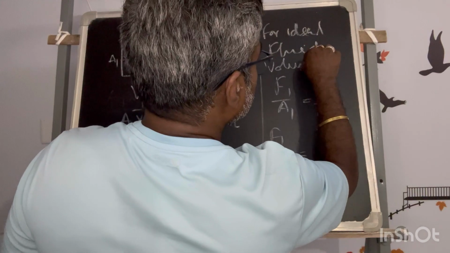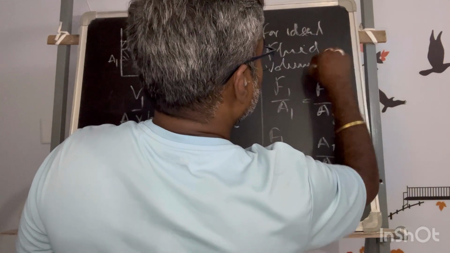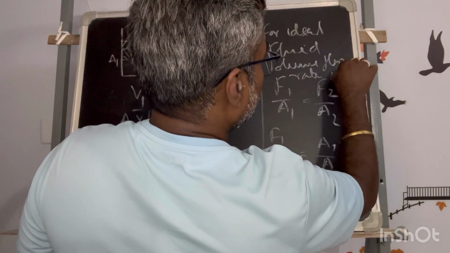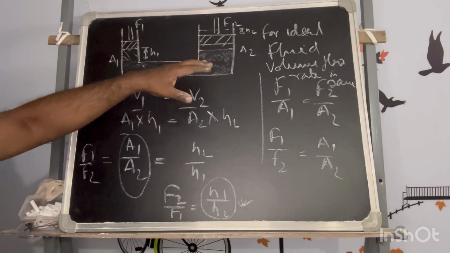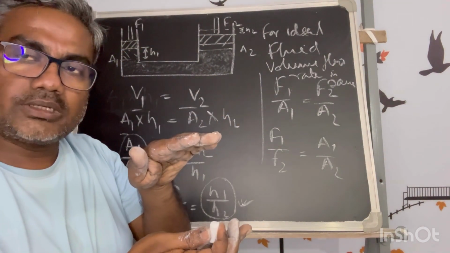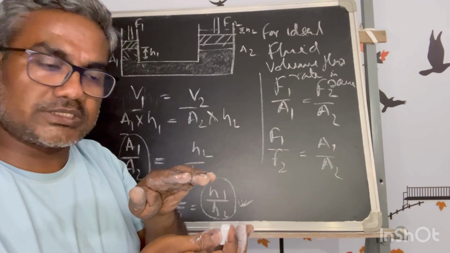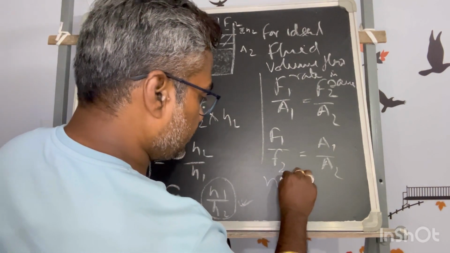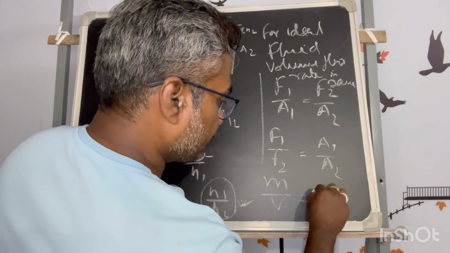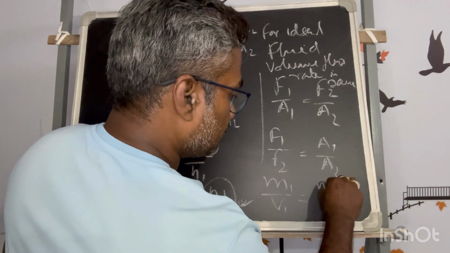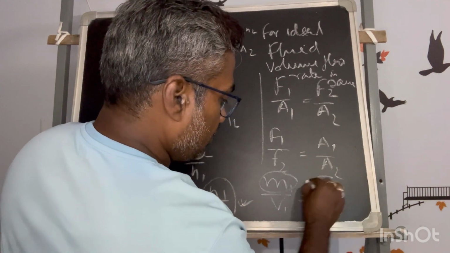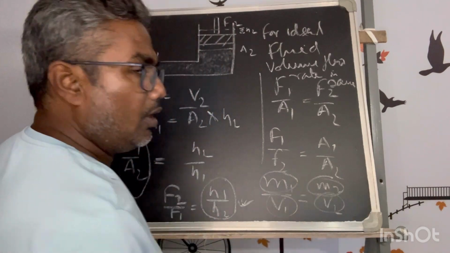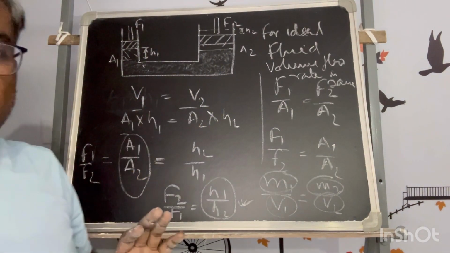So for an ideal fluid, the volume flow rate is the same. Why the same? Because an incompressible fluid does not compress, so the density will not change. And what is density? Mass by volume. Mass 1 by volume 1, mass 2 by volume 2, and the mass is the same, so the volume is the same if the density does not change.